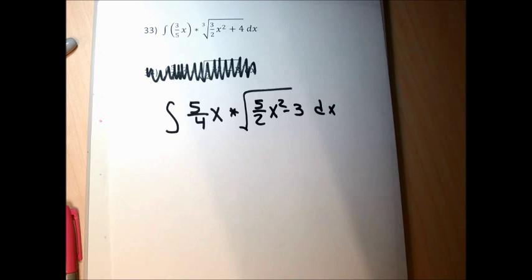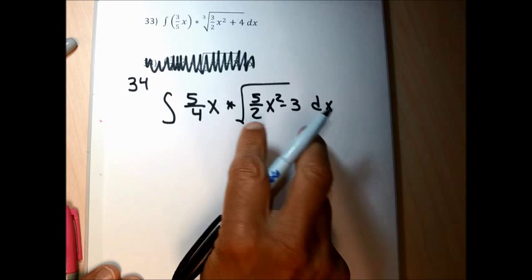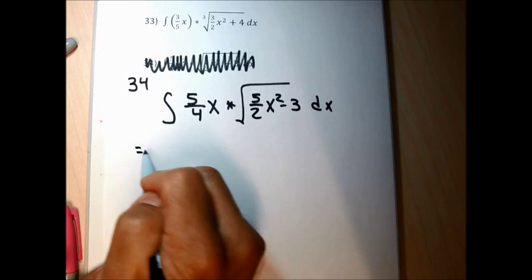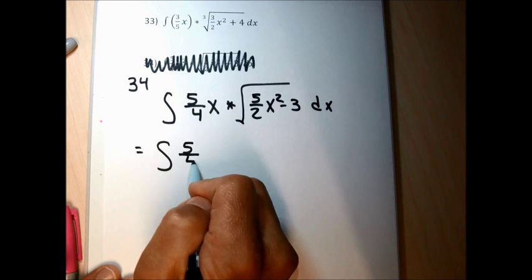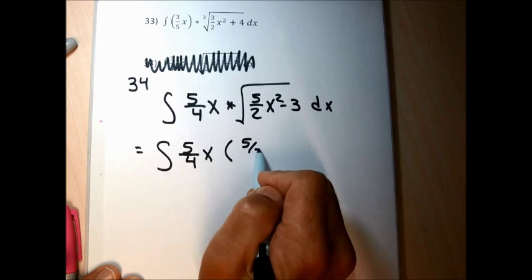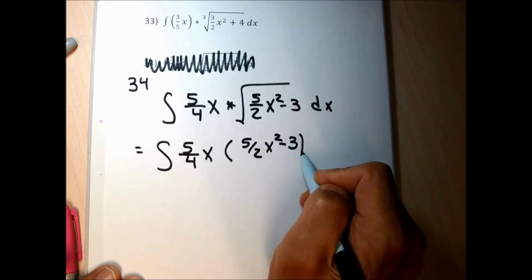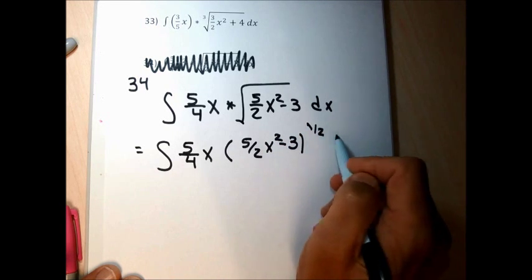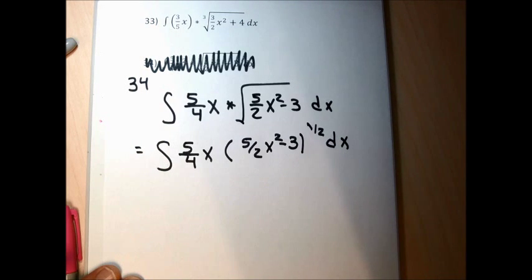All right, so this is 34. I'm going to write the problem with a fraction exponent. Square roots turn to 1/2 powers, and cube roots turn to 1/3 powers.